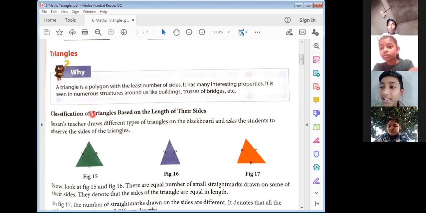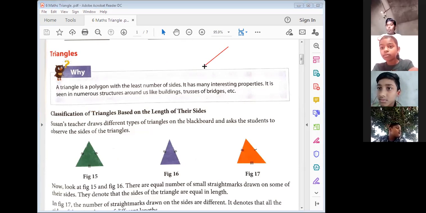That means you were telling that, let's say if I draw a triangle, let me draw the triangle. Okay, 1, 2 and 3. 3 sides are there.